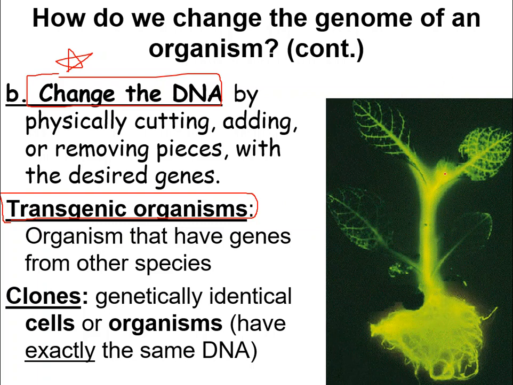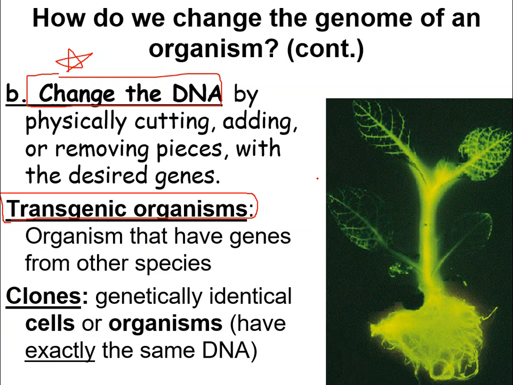So here's a glowing tobacco plant. From memory, I think this is GFP, green fluorescent protein, from a firefly or lightning bug. It's either that or a jellyfish gene. I have to go back and check, but that's what that is.